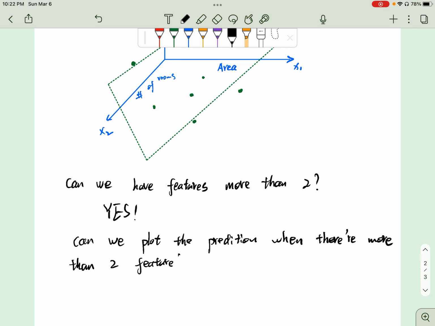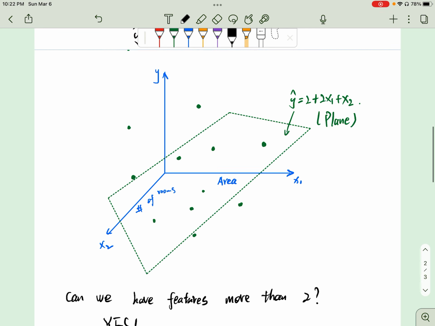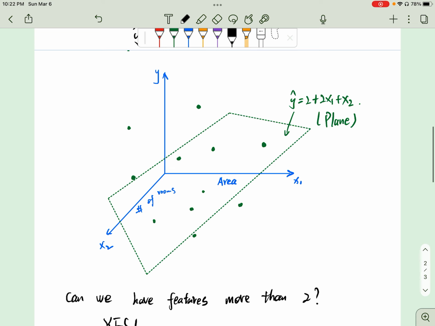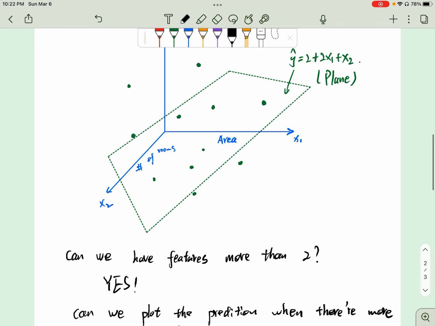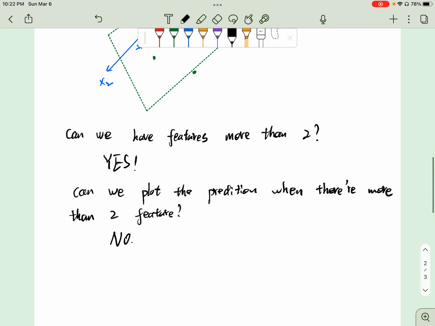Here the answer is no. We cannot visualize it, because the maximum dimension we can visualize is 3-dimensional. 3-dimensional means we have two inputs here. We have two variables. But if we have 3 variables, we don't know how to visualize it.